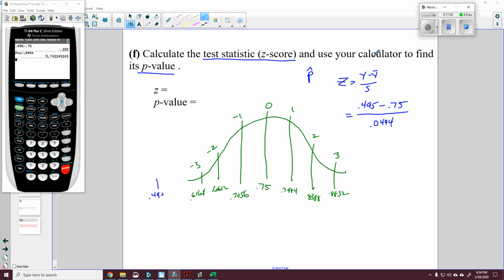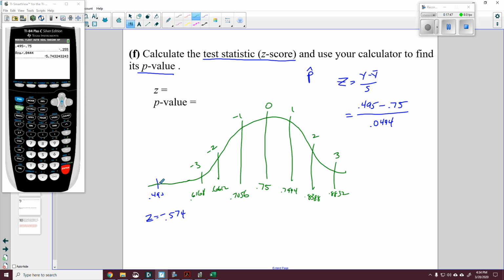You can see I just did it over here on the calculator. My z-score is way low. It is negative 0.574. Wow. If I was to even try and shade the area under the curve, this curve is already pretty flat by the time I get out here.